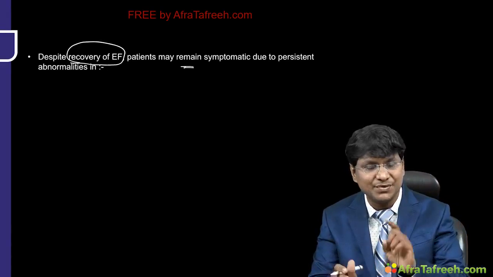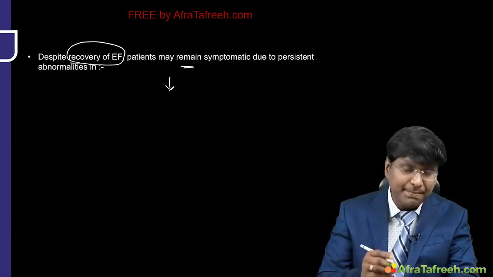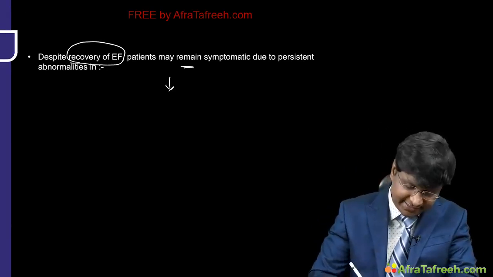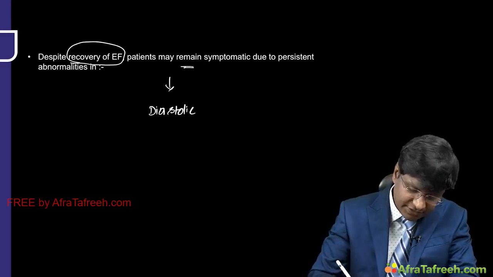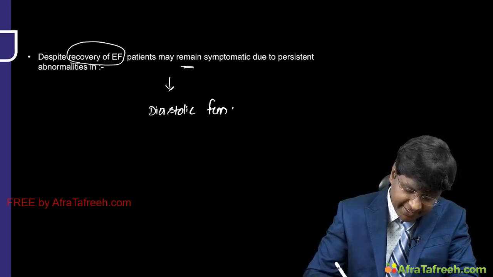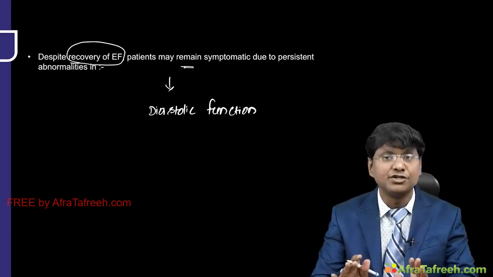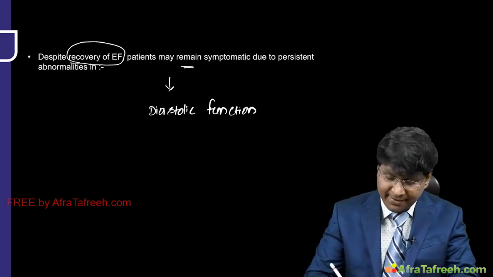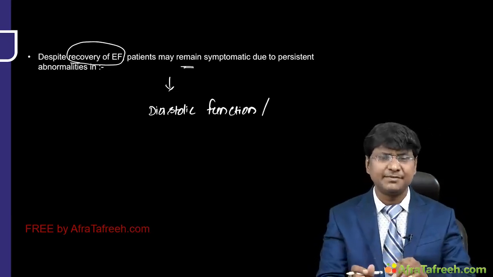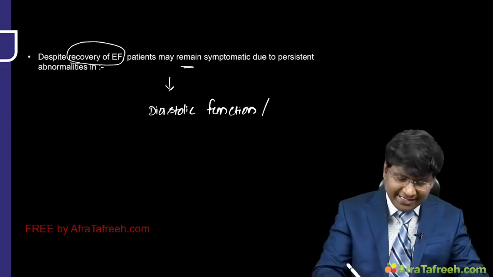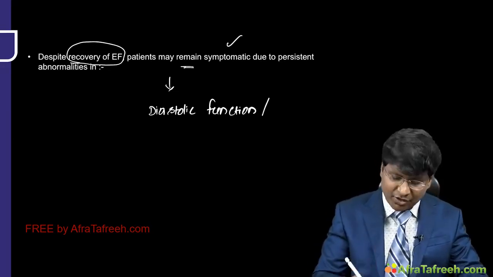Now, even though there is recovery of the ejection fraction, patients still may be symptomatic. Why is that? That is because of persistent abnormality in the diastolic function of the individual, or persistent abnormality such as exercise induced pulmonary hypertension. So why do they remain symptomatic?